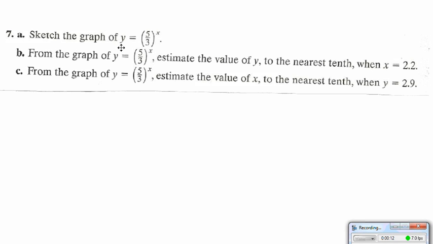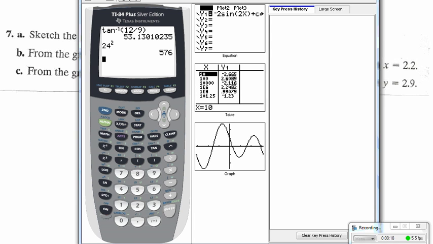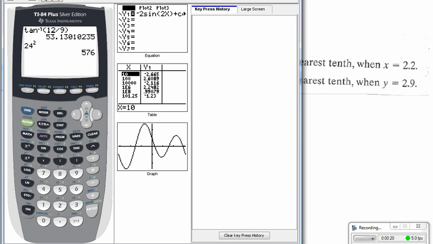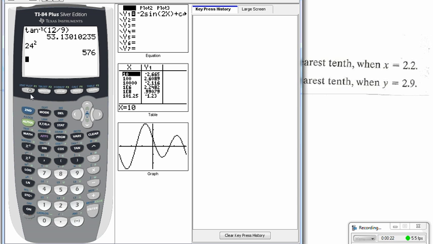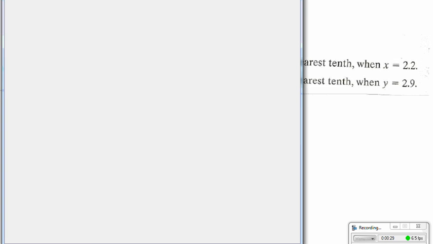So here we want to sketch this graph. Now, once we want to try to do that, what we want to do is get the graphing calculator, and then set y equals, I believe it was 5 over 3 to the x power.